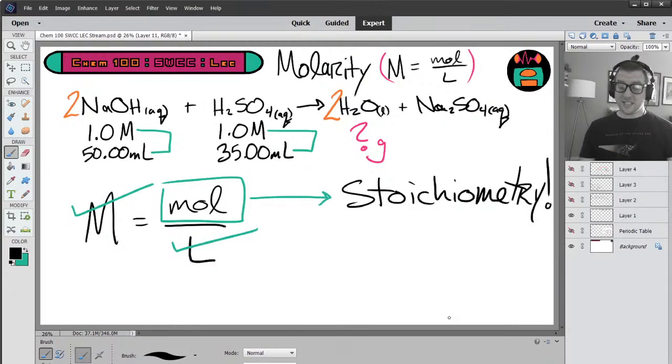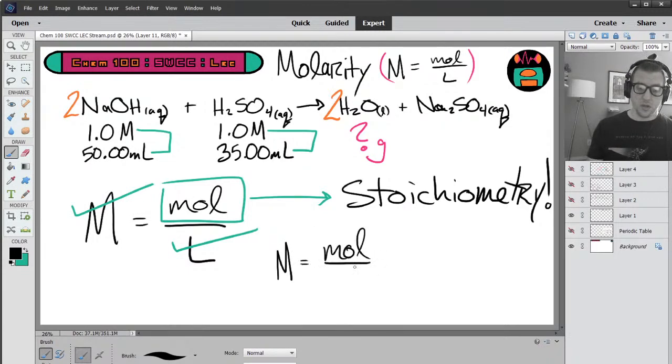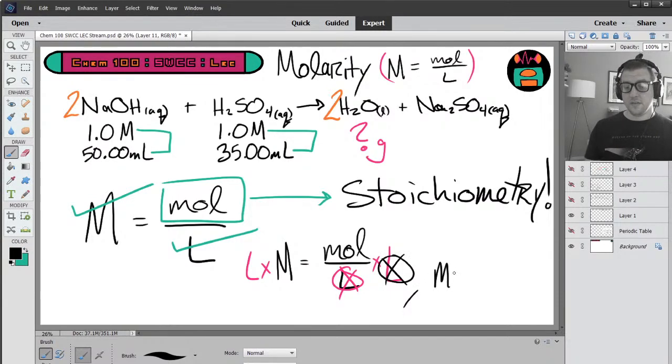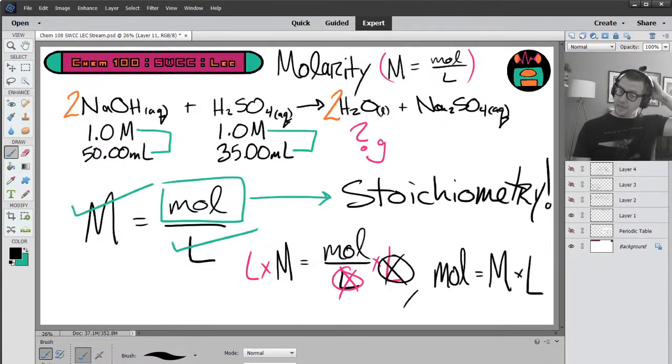So you're going to see this over and over. This requires a little bit of algebra, right? Molarity is equal to moles over liters. So if you multiply both sides by the denominator, you'll see that this equation rearranges so that moles of solute are equal to the molarity of the solution times that solution's volume in liters.